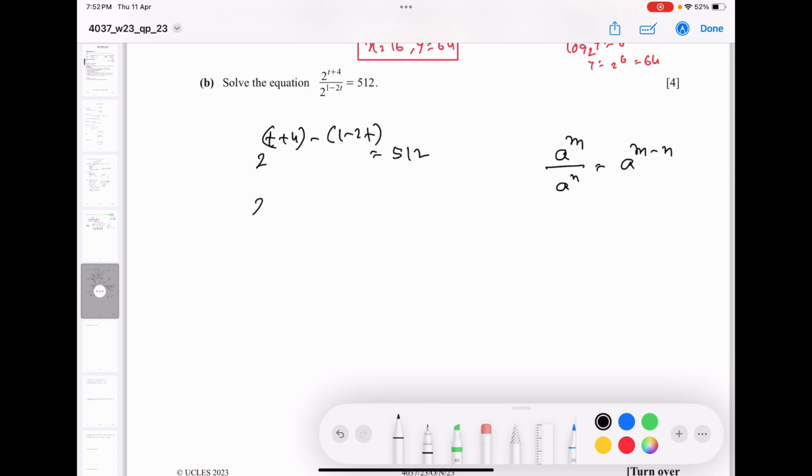So now let us simplify. t plus 4 minus 1 plus 2t equals 512. 2t and t, that is 3t. 3t plus 4 minus 1 equals 512. We can write 512 as 2 to the power 9.